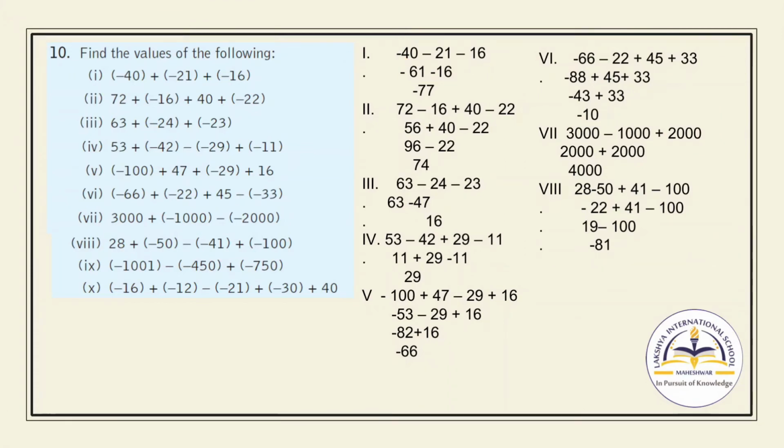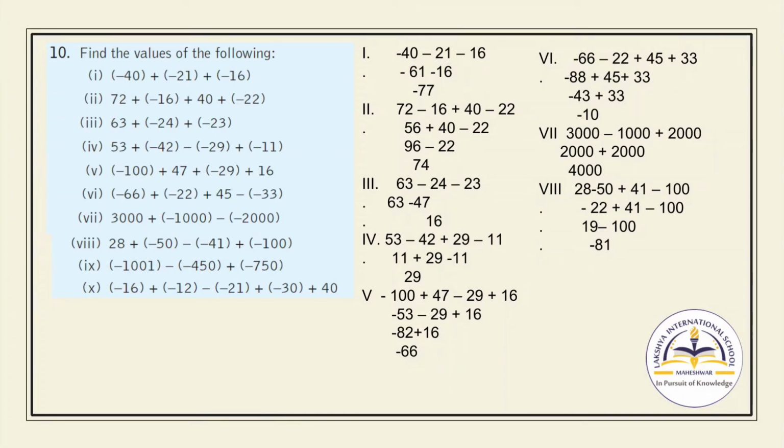First we will solve this one. Minus 40 minus 21, minus and minus add up, so 40 and 21 make 61. The greater sign is minus, so minus 61. Minus 61 minus 16, again you have to add them. So 77, and the greater sign is minus, so minus 77 is the answer.